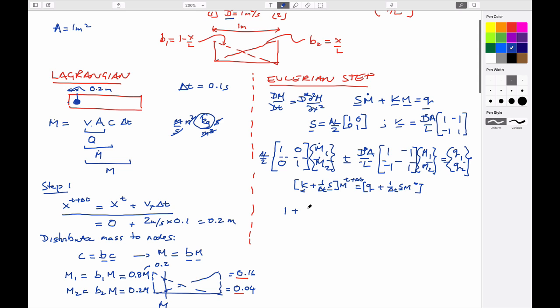So this is 1 plus 1 over 2 delta t times the mass at node 2 at time t plus delta t. And that is going to be equal to this relationship here, which are the fluxes at node 2.